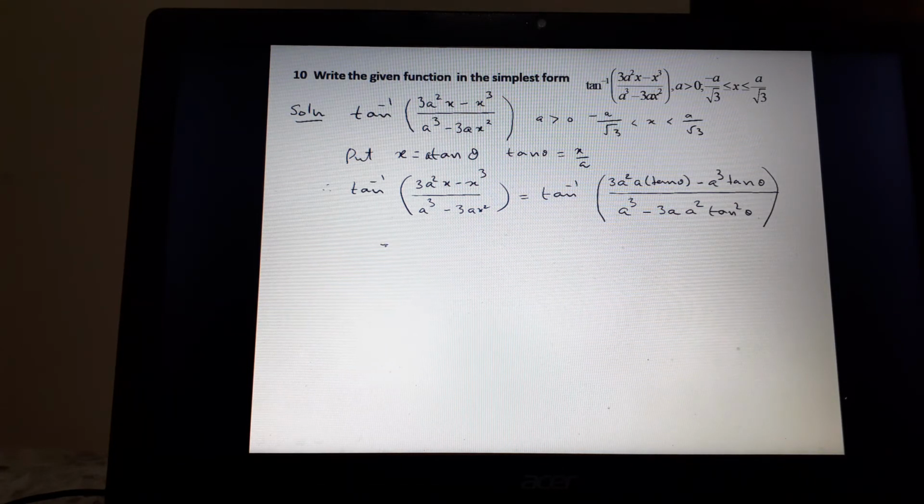So this equals tan inverse of, see here, a square into a is a cube. Here also a cube, here also a cube, here also a cube.